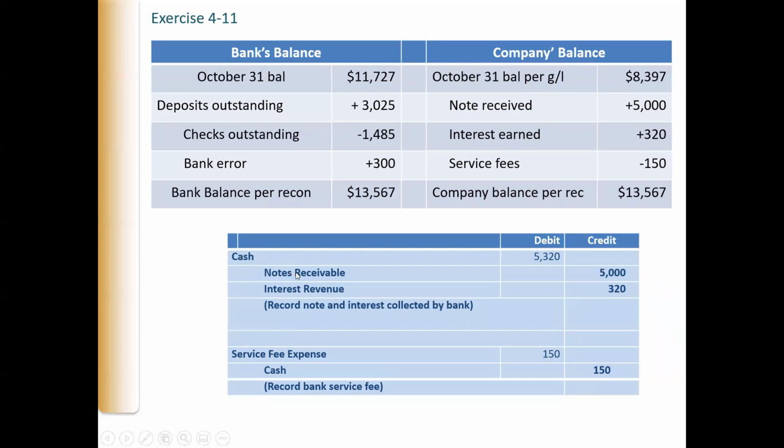We credit our note receivable, $5,000, and our interest revenue of $320. Then the service fee that was subtracted of $150, we debit our service fee expense, and we credit our cash of $150.